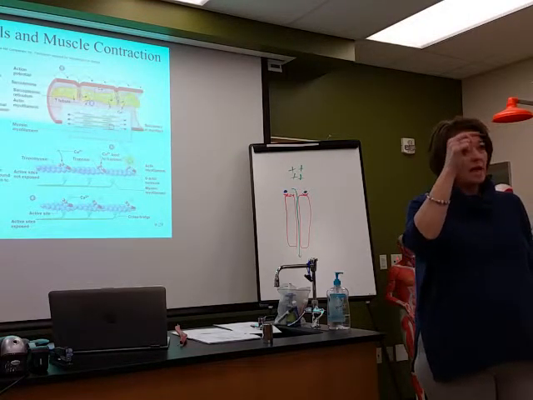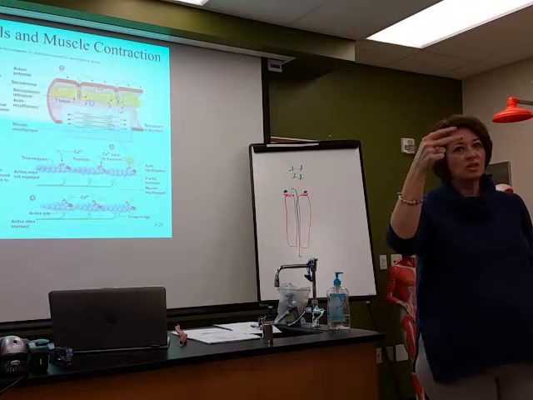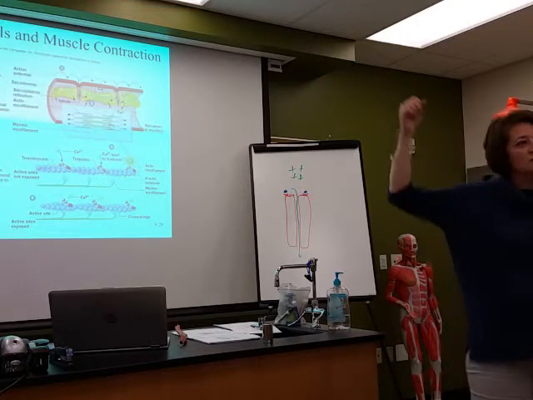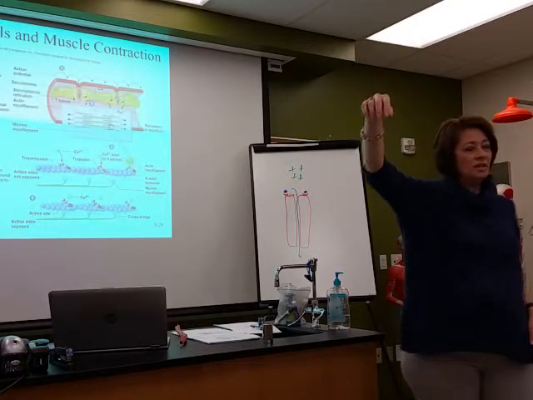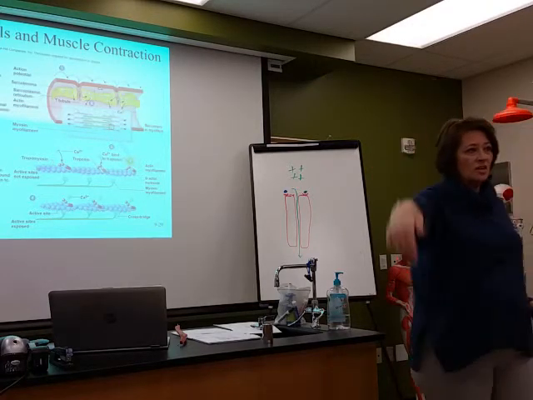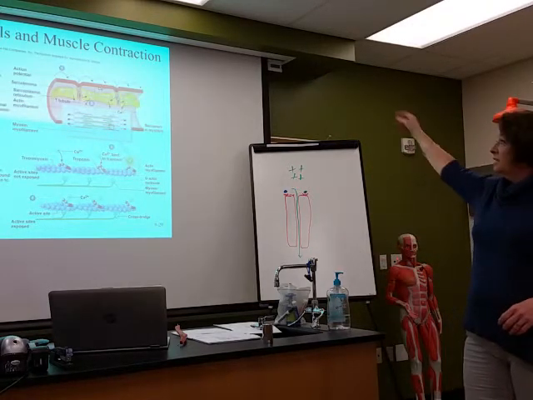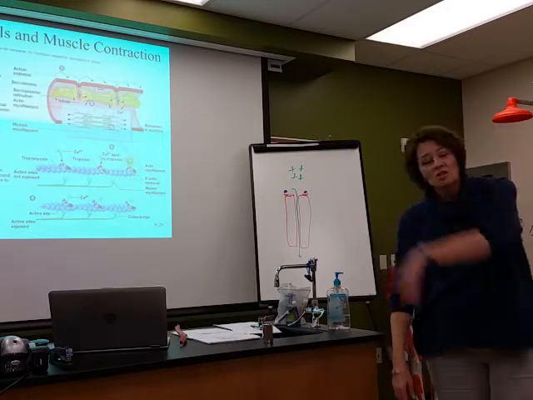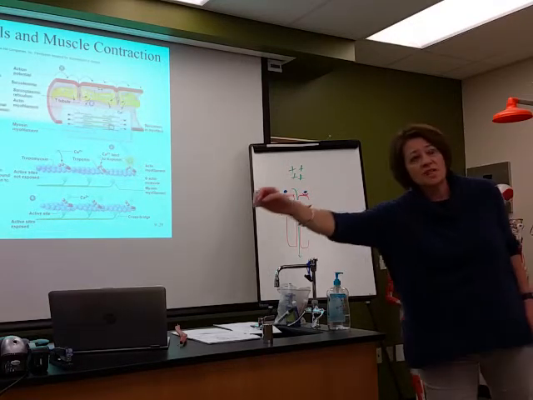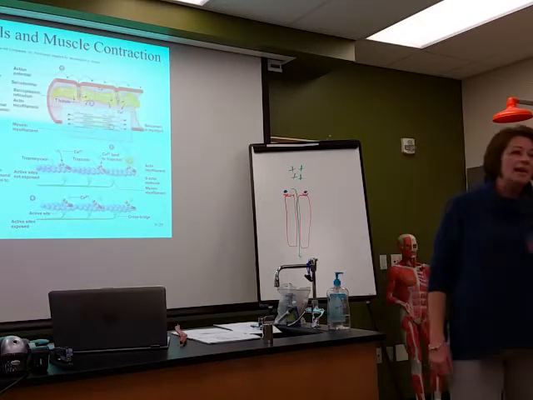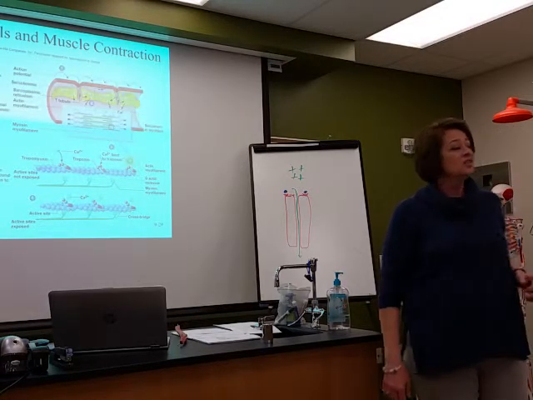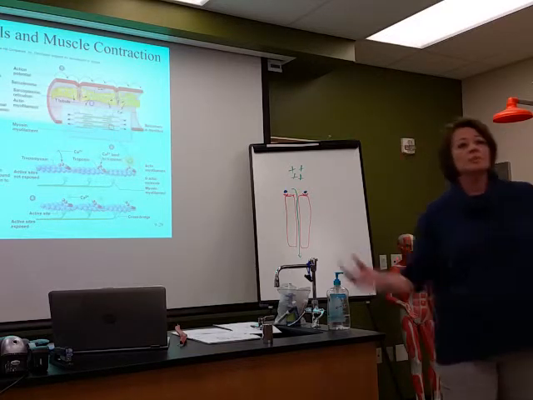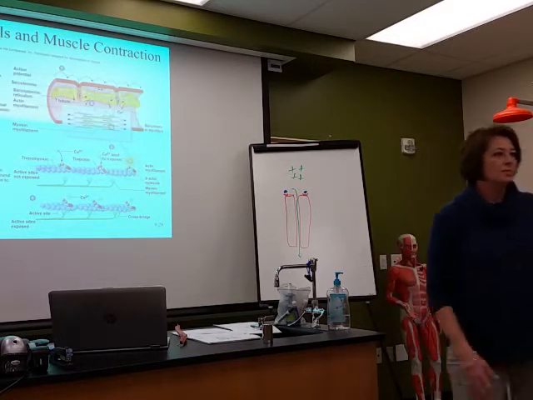So therefore, our excitation contraction coupling. Because the nerve signal to the acetylcholine, to the ligand gated, to sodium rushing in, to exciting the T-tubule releases the calcium, attaches to the troponin, makes the tropomyosin release, active sites are now available, myosin is going to get to attach, in the case of energy, it'll get to release, then as long as the calcium is still present and ATP is present, myosin heads will continue to do that.